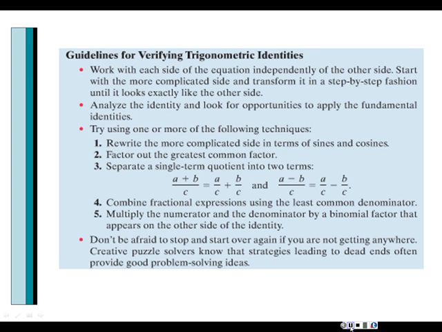Multiply the numerator and denominator by a binomial factor that appears on both sides of that. So sometimes you can also divide, which we did here. Or maybe sometimes people think a different way. We divide it by cosine x, or sometimes people say we multiplied it by 1 over cosine x, which is the same thing, right? So instead of just saying divided by cosine x, if you say we multiply it by 1 over cosine x, that's exactly the same thing.